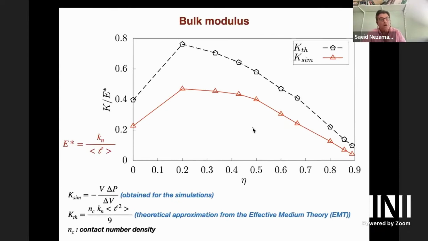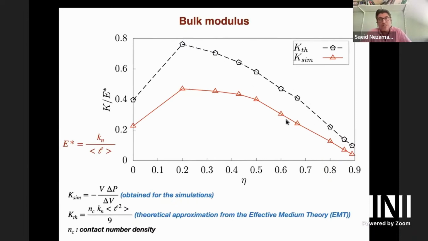We also looked at the bulk modulus, which is normalized by E star. This is defined from the contact stiffness Kn and the average intercenter distance between hexapods. If we do not consider the case of eta equal to 0, for the spheres, we see that the bulk modulus is a decreasing function of aspect ratio.